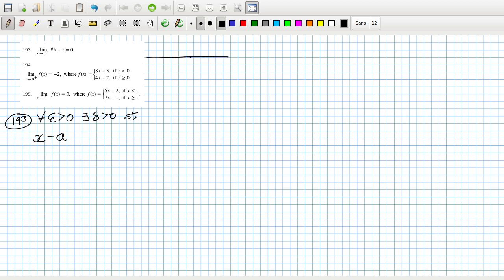Let me just do a quick sketch here. 5, and it's tending towards 5 from the left, so x minus a is a negative, but it can't be too negative, so more than minus delta and less than 0.